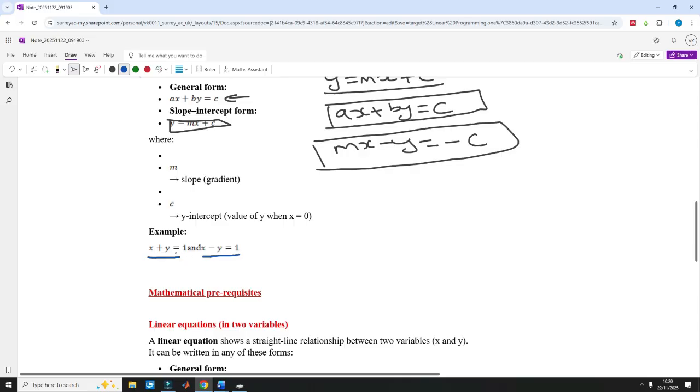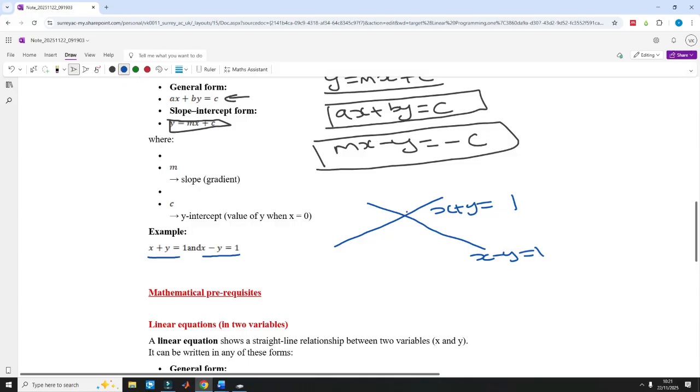If I ask you to solve, this can be a line that looks like this, x + y = 1, and if you plot x - y = 1, it looks like this.